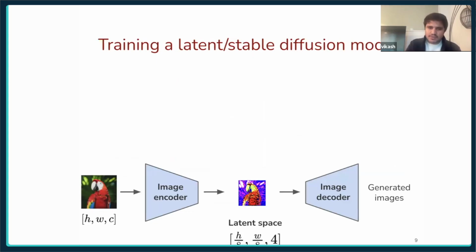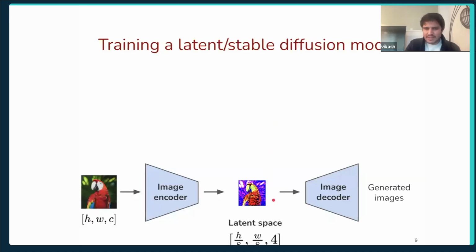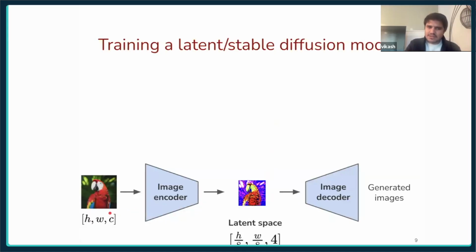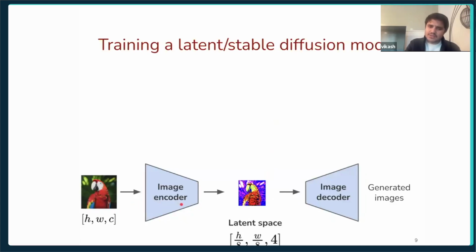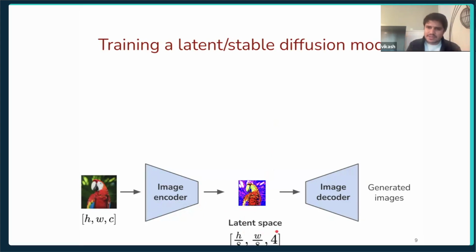So presume that we are always training a model in a latent space. What I mean by that is that we are taking our image in the pixel space, which is an RGB image, and passing it through an image encoder. The encoder compresses the image into the latent space by reducing its height by 8, width by 8, and increasing the number of channels from 3 to 4. So this is a compressed representation of the image, and there is a decoder that can decode the image.